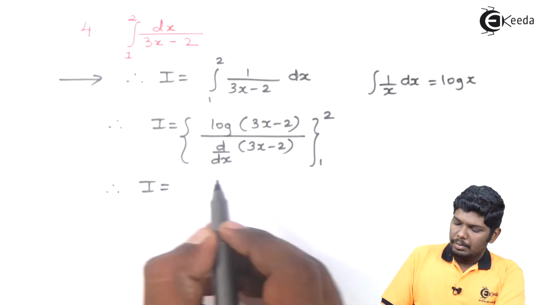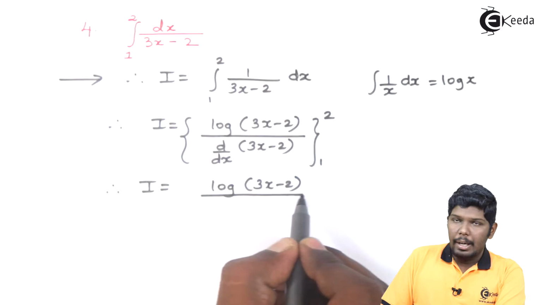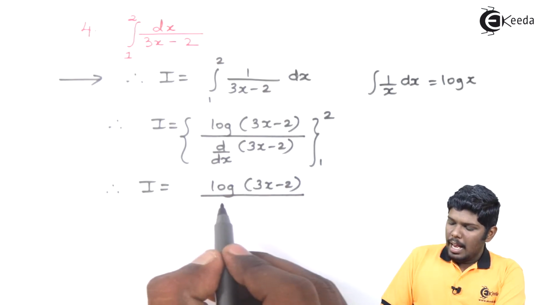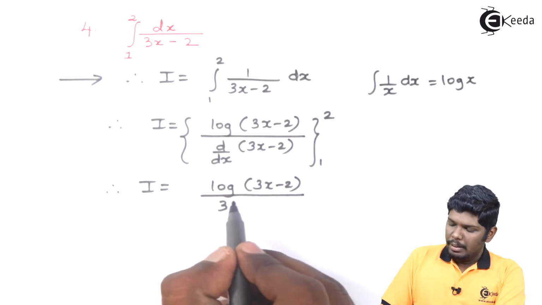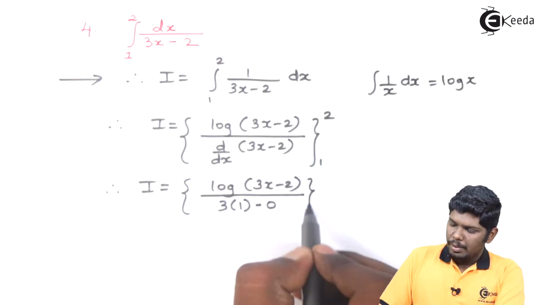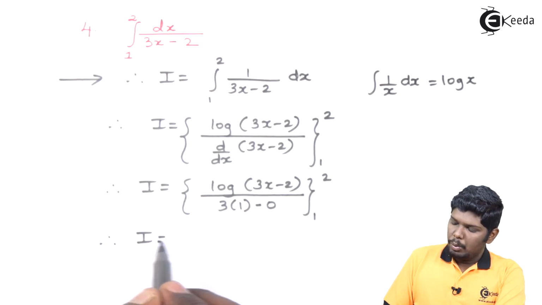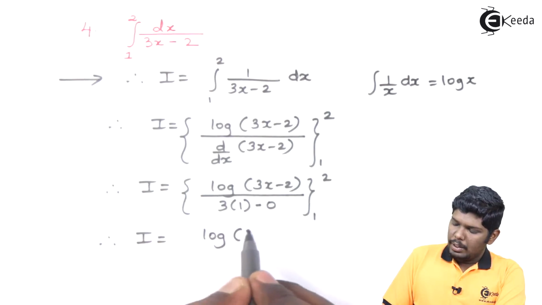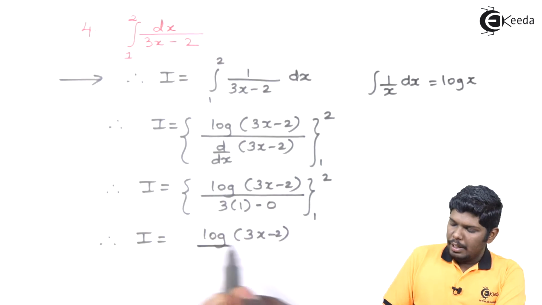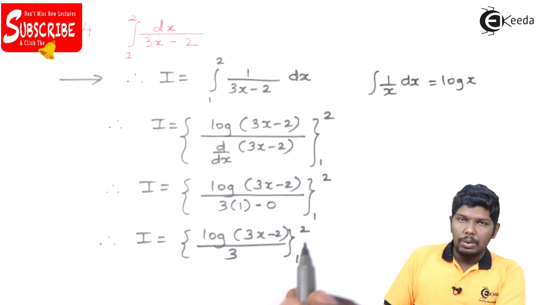In the next step, log of 3x minus 2 divided by 3, as the derivative of x will be 1 minus derivative of 2 will be 0, from limits 1 to 2. Now I will be equal to log of 3x minus 2 divided by 3 within limits 1 to 2.